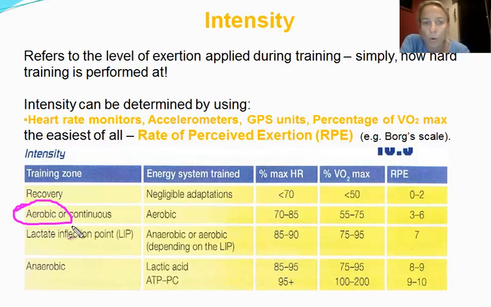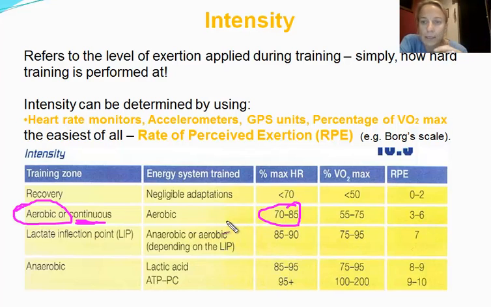For aerobic training, where we use things like continuous methods or fartlek methods of training, if you want to develop your aerobic capacity, so that's your body's ability to take in, transport and utilize oxygen, then the appropriate intensity, the appropriate effort is 70 to 85% of heart rate max.